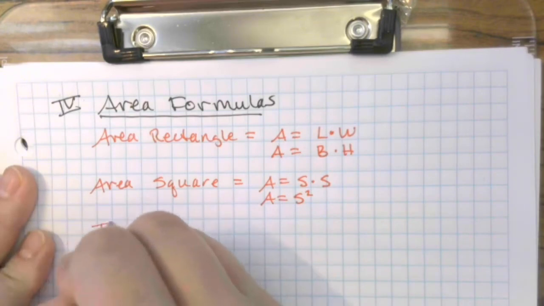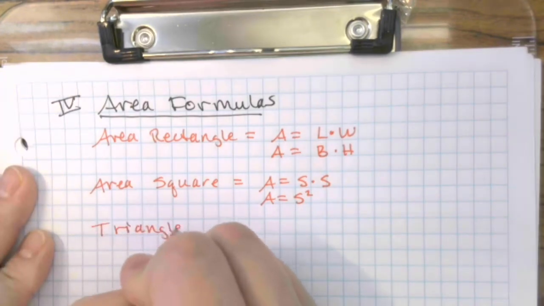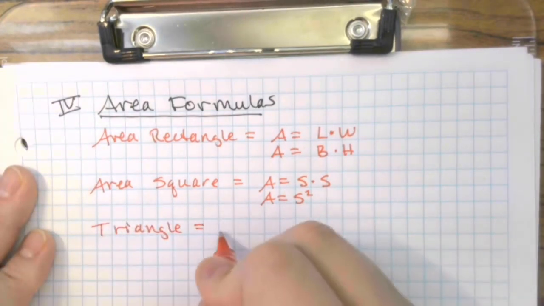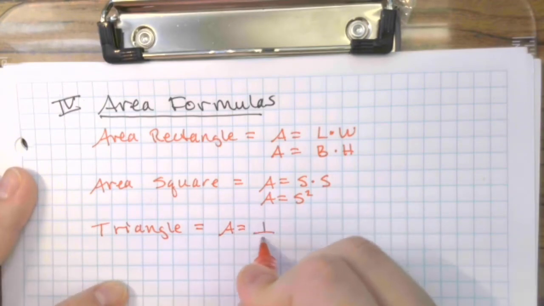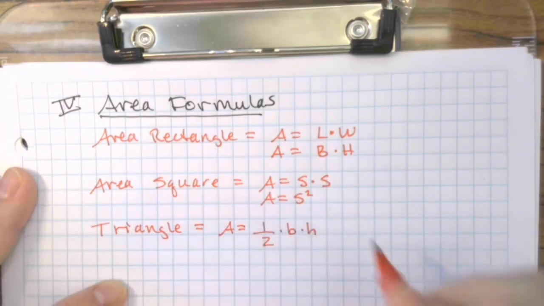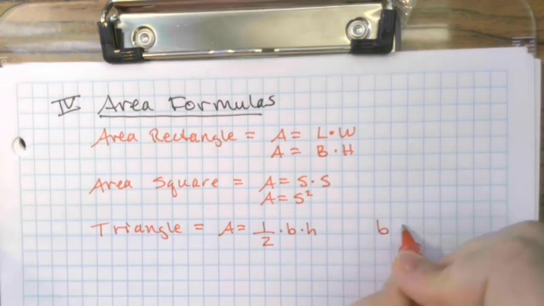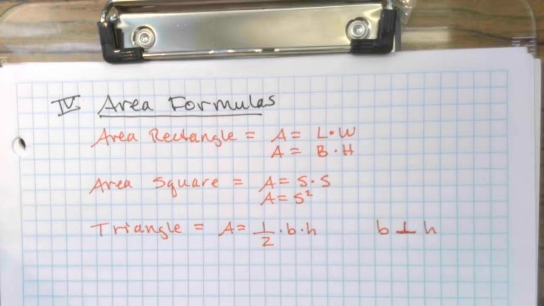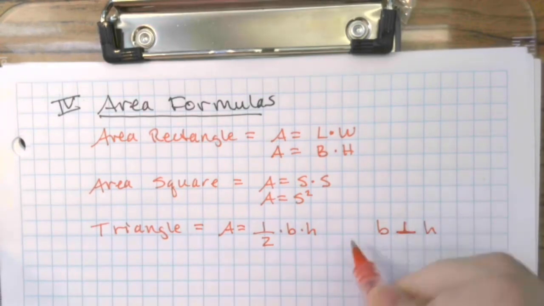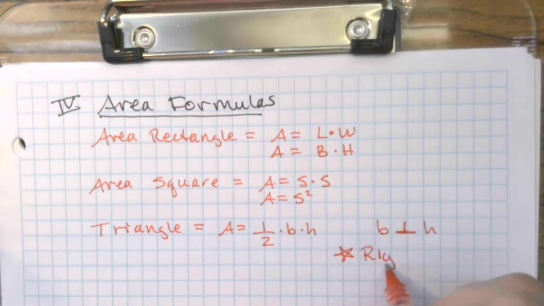And then, of course, we have a triangle. Area of a triangle is 1/2 base times height. And you got to be very careful that the base is perpendicular to the height. This formula only works with a right triangle. So right triangles only.